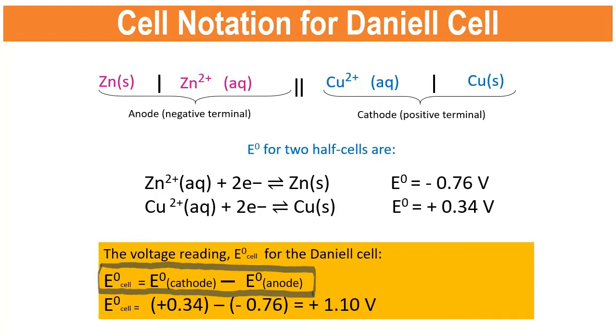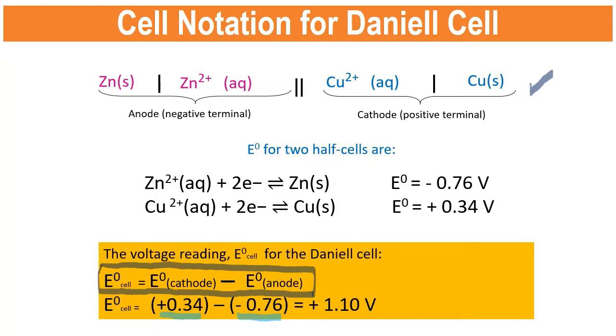So in this case, E naught for the whole cell is E naught cathode, which is positive 0.34, minus E naught of anode, which is negative 0.76.